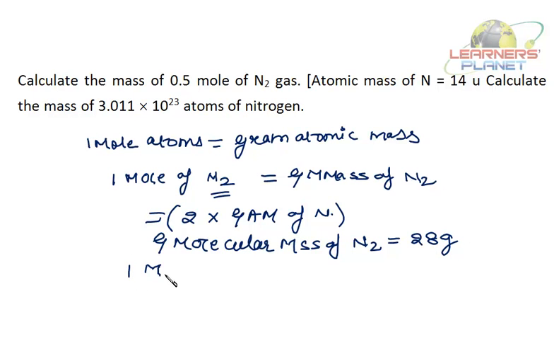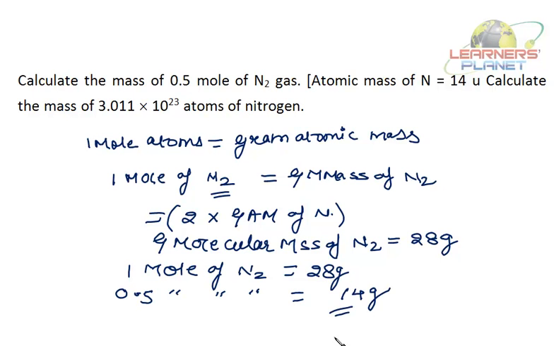Now 1 mole of N2 gas, the mass is 28 grams. So 0.5 mole of N2 gas will be how many grams? Just half of it, that is 14 grams. Right?